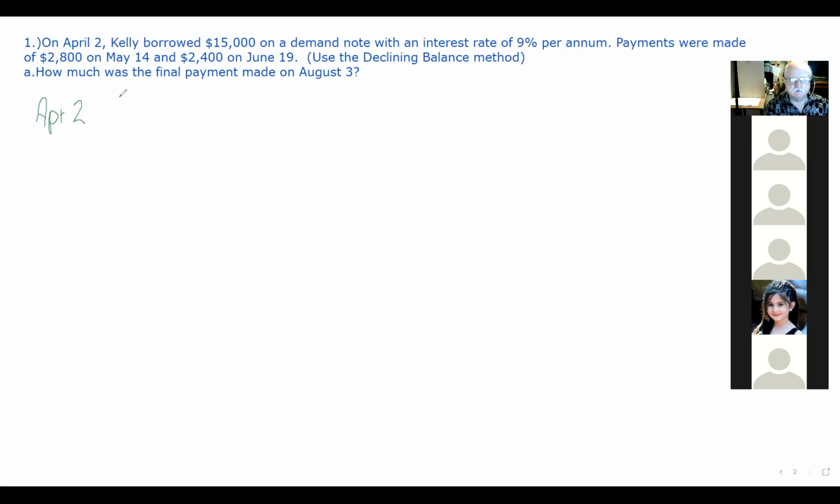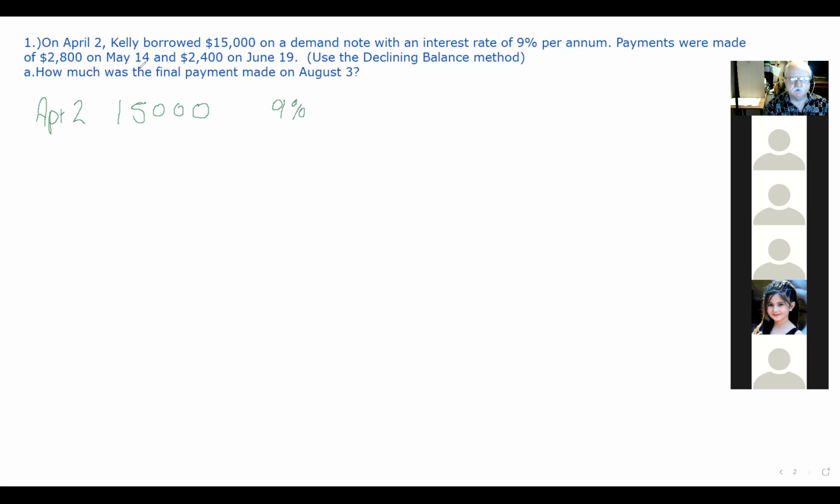So Kelly borrows $15,000, and the rate that they borrowed it at is 9%.